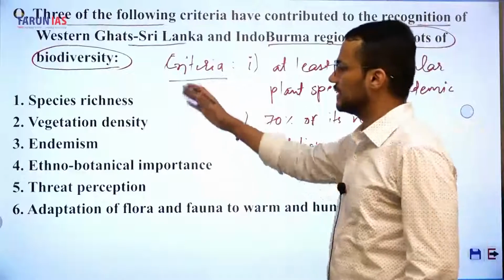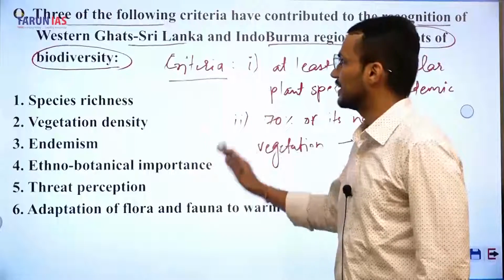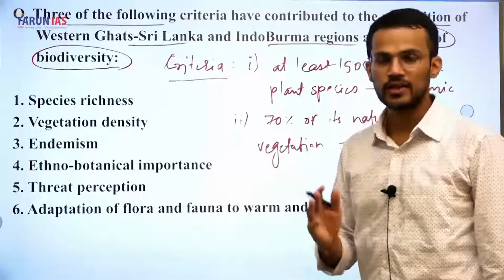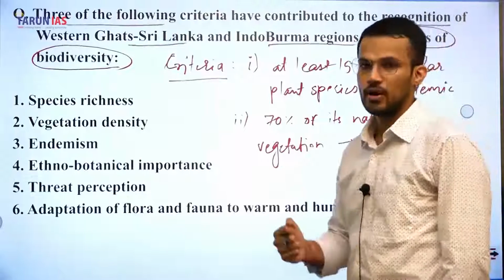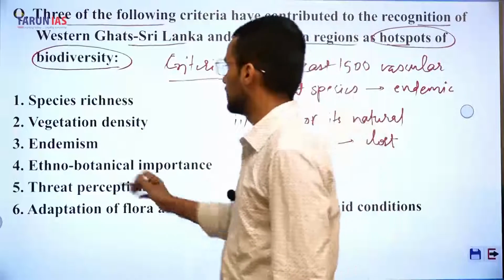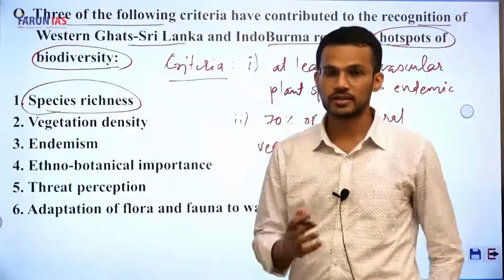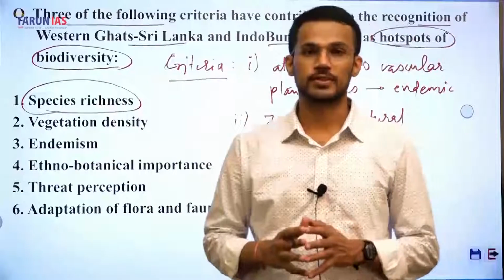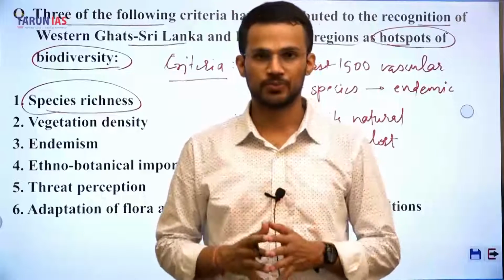So out of these 6 criteria, 3 criteria satisfy this condition, and we are supposed to identify those criteria. So let us consider one by one. First is species richness. So we know that there are 2 prime concepts based upon which biodiversity is measured.